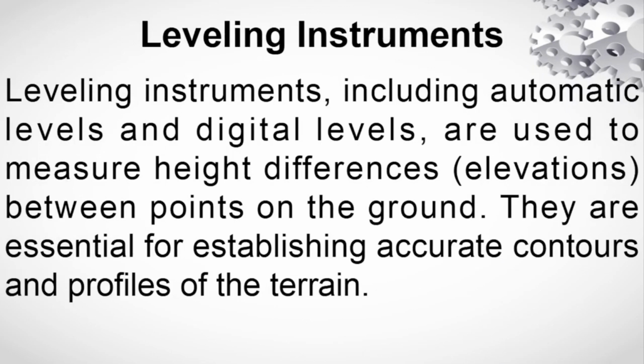Now let's talk about the leveling instrument. A leveling instrument may include automatic levels or digital levels that are used to measure height differences, which is also the elevations between points on the ground. They are essential for establishing accurate contours and profiles of the terrain. A clear example is railways and other things, where your water should pass and those kinds of things.